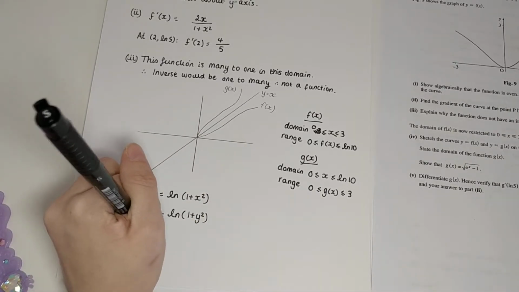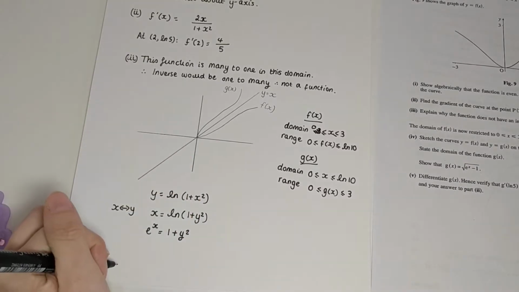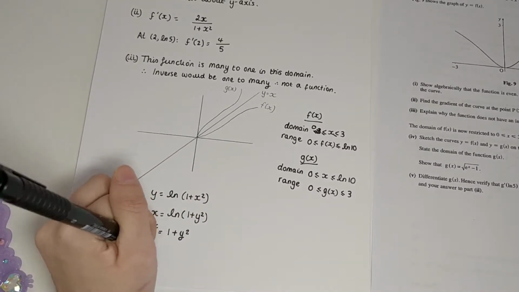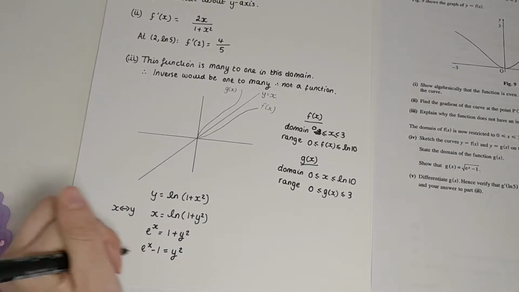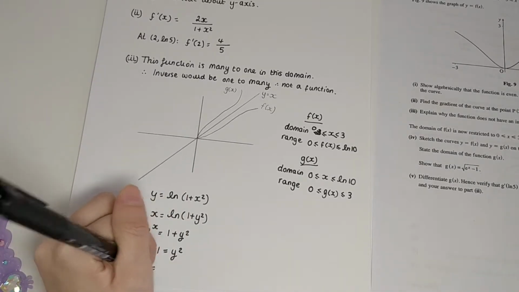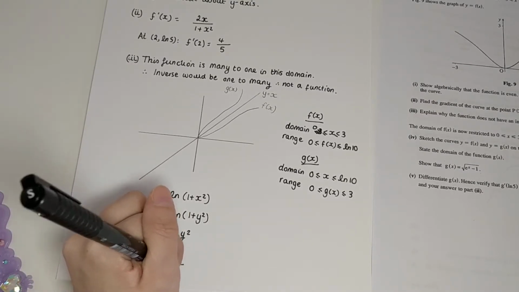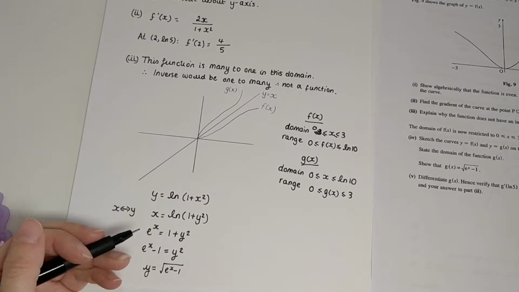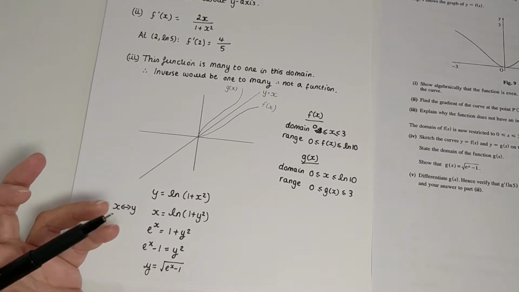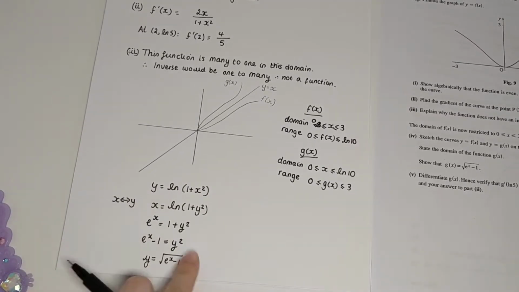So e to the power of x equals 1 plus y squared. So e to the x minus 1 equals y squared. And because it's a function, I'm going to have to just make it the positive square root. Because if it was plus or minus, it wouldn't be a function because it would be one to many. So we're just going to do that. And that is shown.